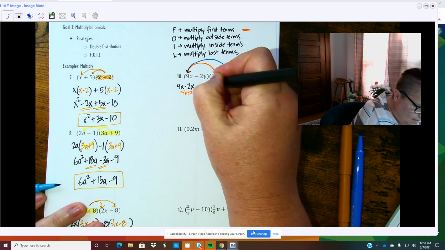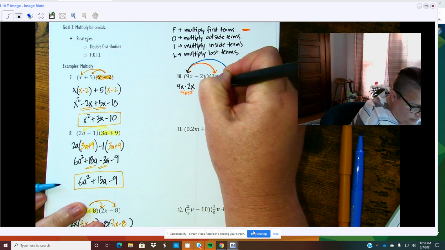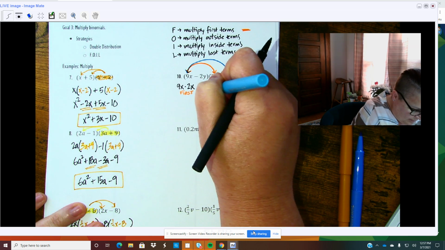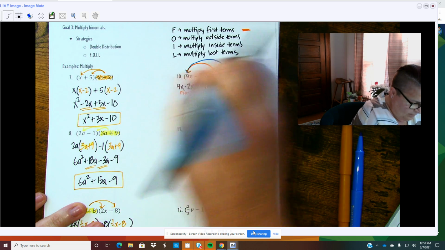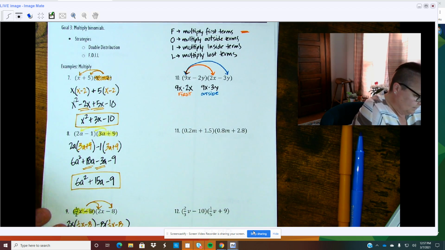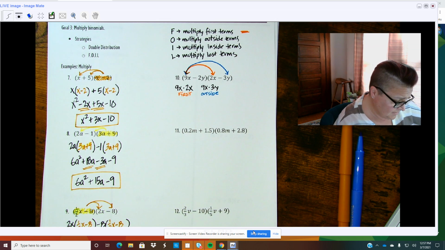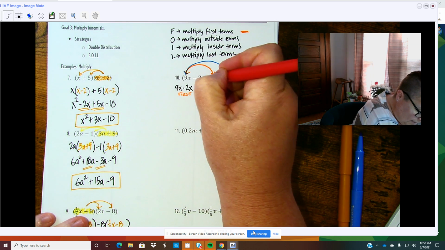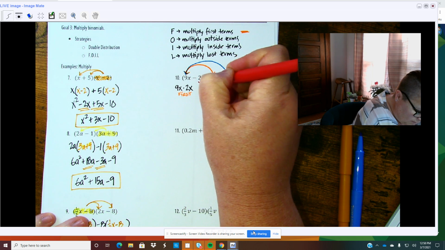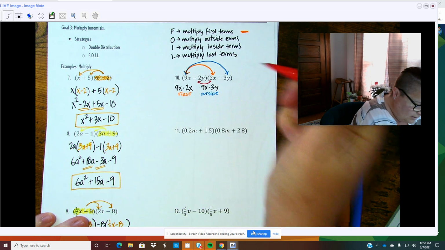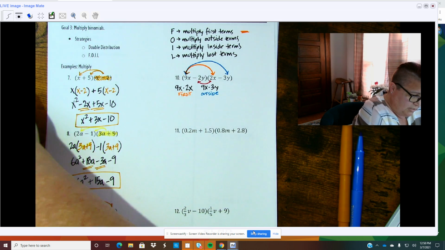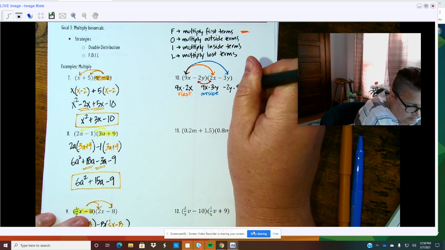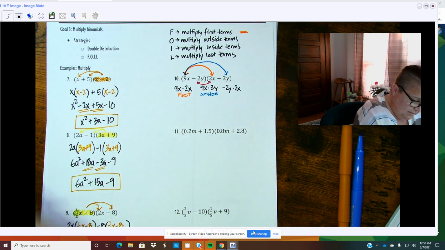So if we did 9x times the 3y, those would be the outside. The inside terms are the terms that are inside the parentheses, but they're the ones that are closest to each other. So those would be the inside terms, the minus 2y times the 2x.